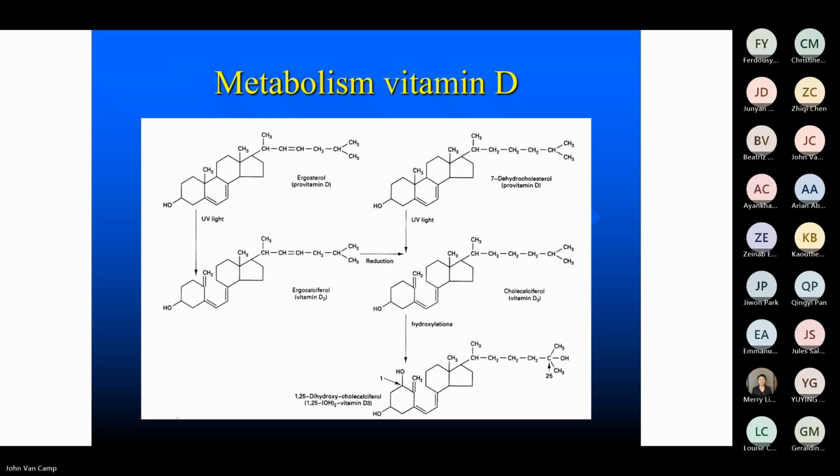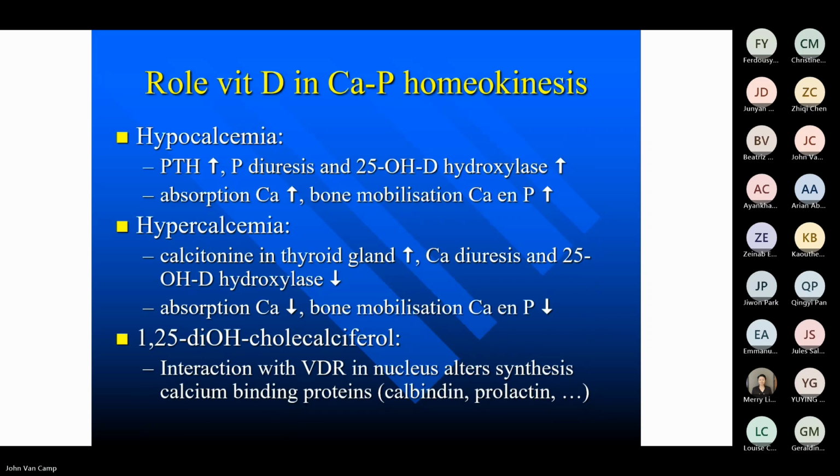What happens then is, although it looks complicated, it is not, because you already know that from the calcium metabolism. If we are in low calcium status, we call that a hypocalcemia, too low levels of calcium in the blood. You get the release of a hormone, which is called parathyroid hormone.